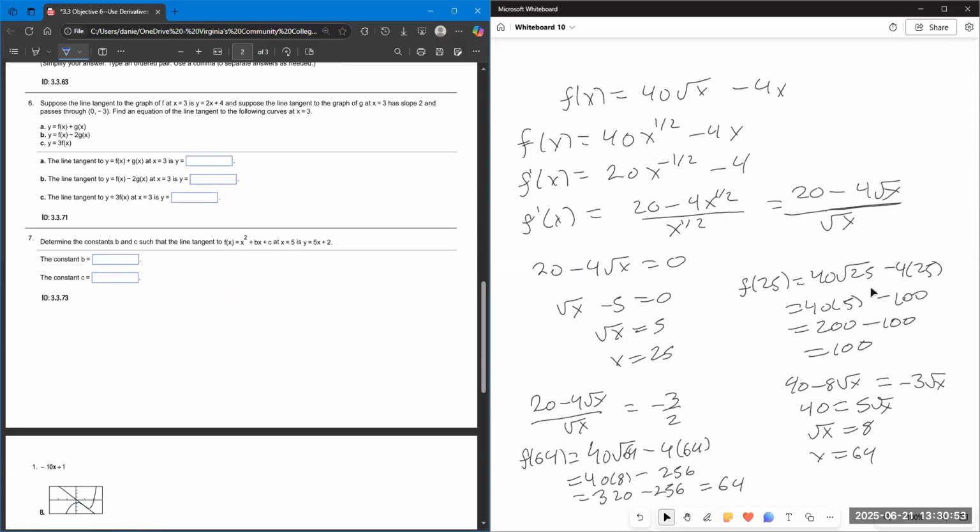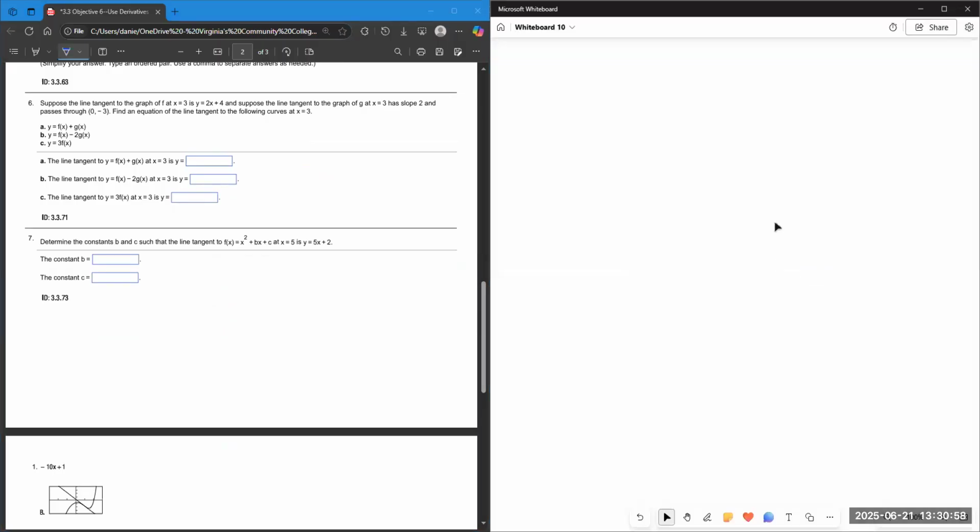So now at number 6. We have y equals 2x plus 4 for the tangent line for f. And that means that f prime at 3 is 2. That gives me the point P on the line.